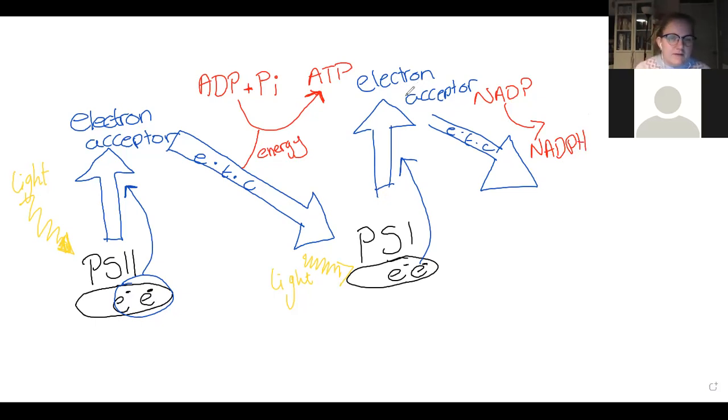We've spoken about it being cyclical and non-cyclical. The non-cyclical part is everything I've just drawn, and then we have that cyclical part here. We call PS1 cyclical because of this section, which I'm going to draw in green.